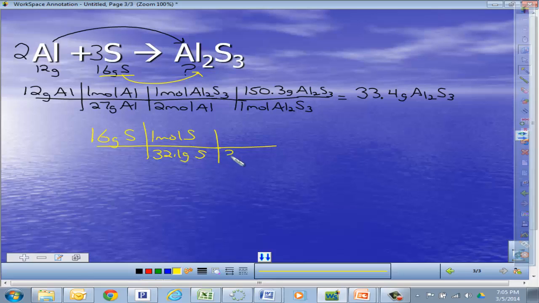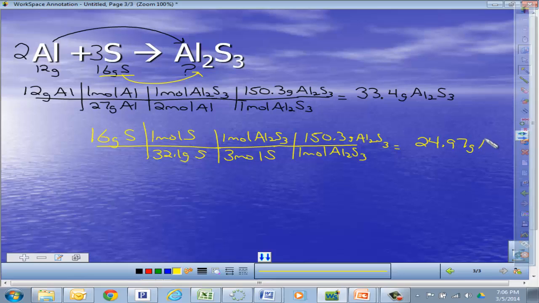This one's going to have a mole ratio, 3 moles of sulfur to every 1 mole of Al2S3. And Al2S3 still has a mass of 150.3 grams. When I run that one through my calculator, I get 24.97 grams of Al2S3.